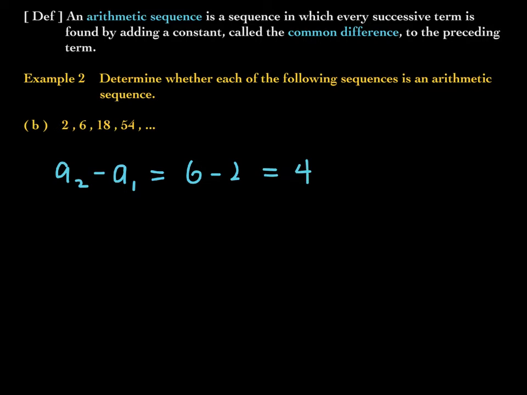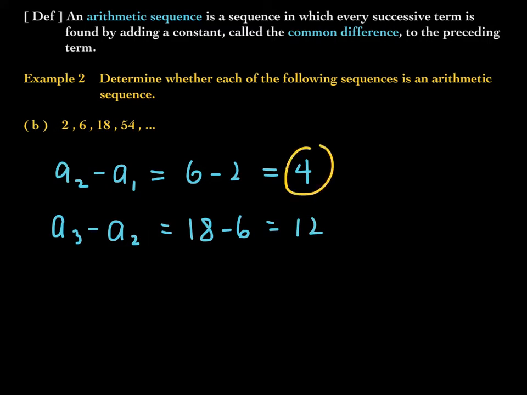The difference between the second and first term is 4. Let's continue. The difference between the third term and the second term: 18 minus 6, 12. Stop right there. No need to continue because we just found that these differences are different. This sequence is not arithmetic.